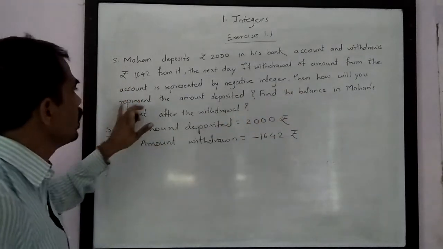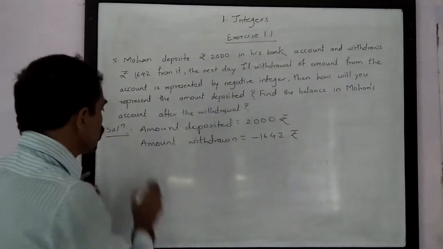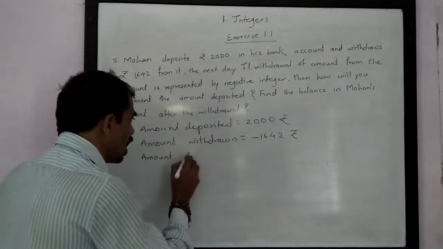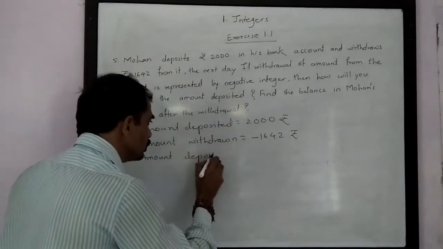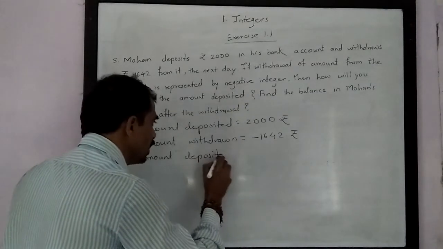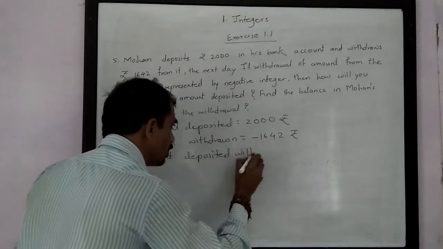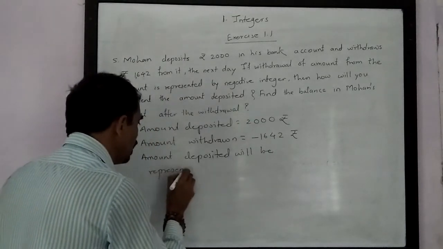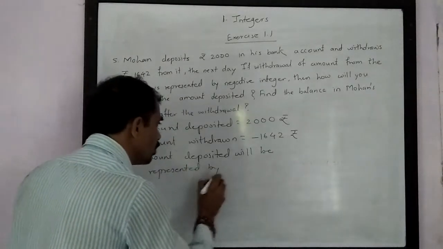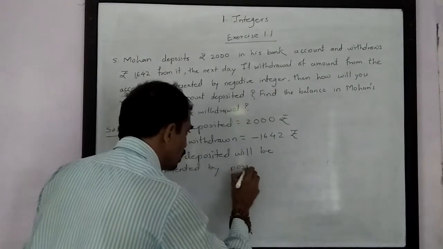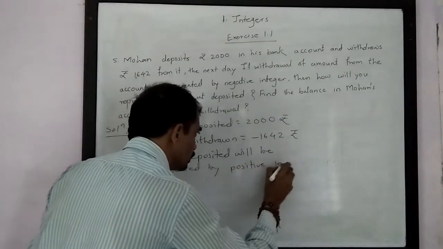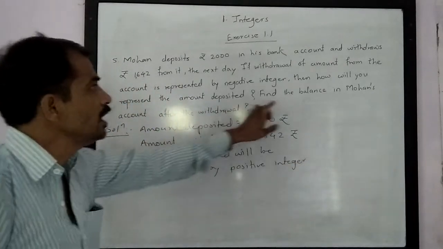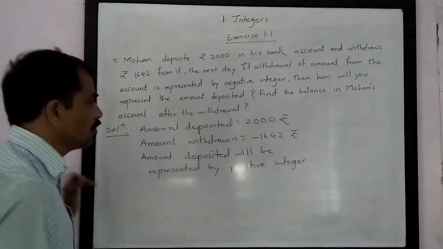then how will you represent the amount deposited? So amount deposited will be represented by a positive integer. Find the balance in Mohan's account after withdrawal.